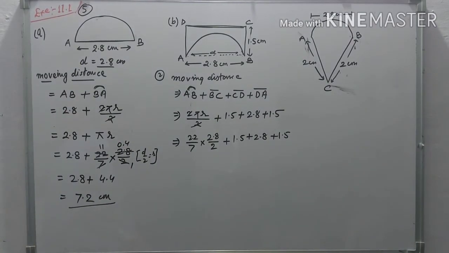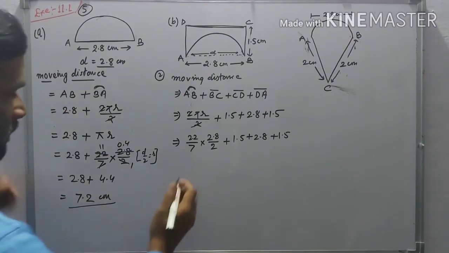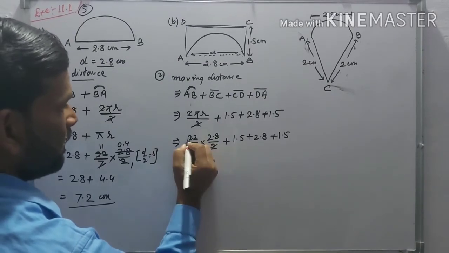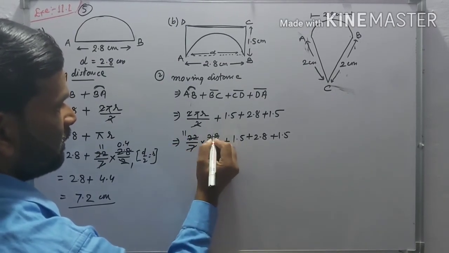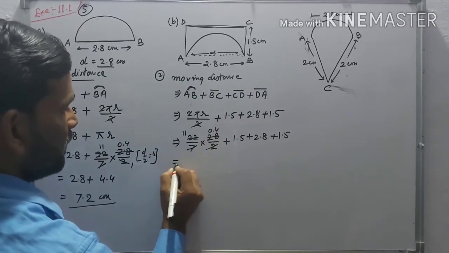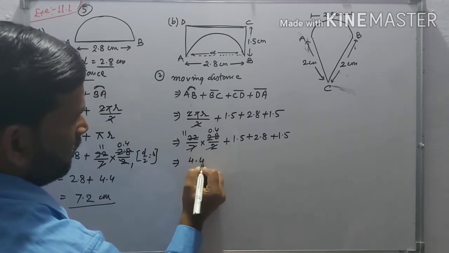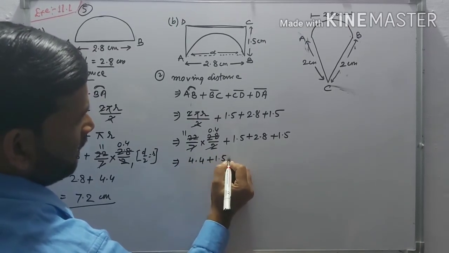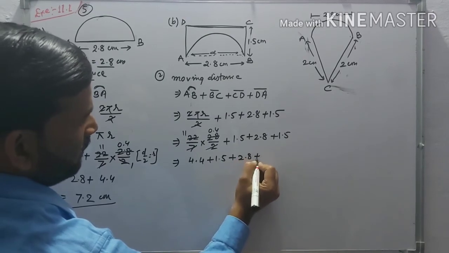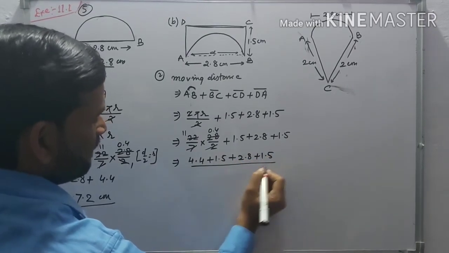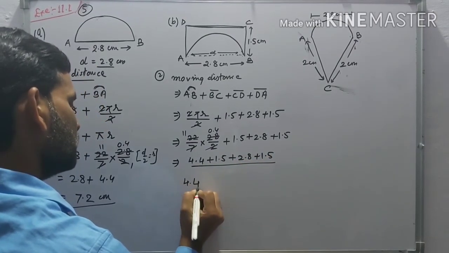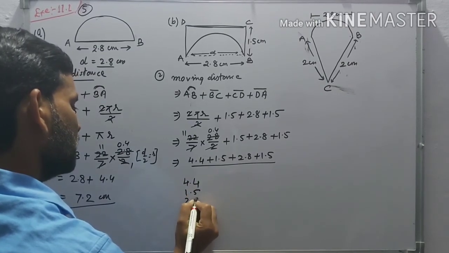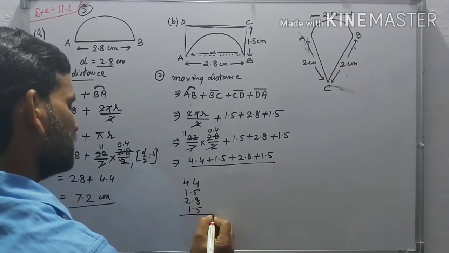After solving, 11 times 0.4 gives 4.4, so we have 4.4 plus 1.5 plus 2.8 plus 1.5. Now add the numbers: 4.4, 1.5, 2.8 and 1.5.